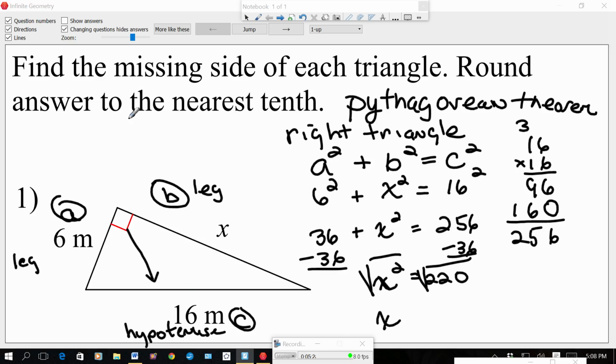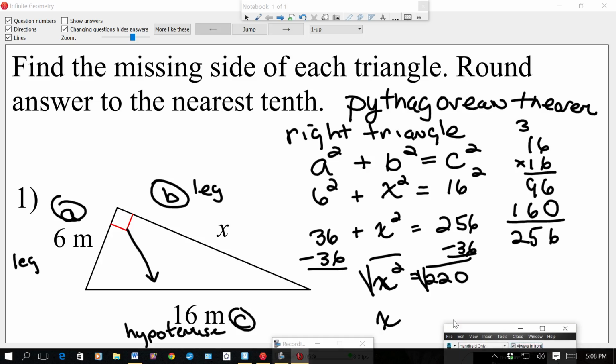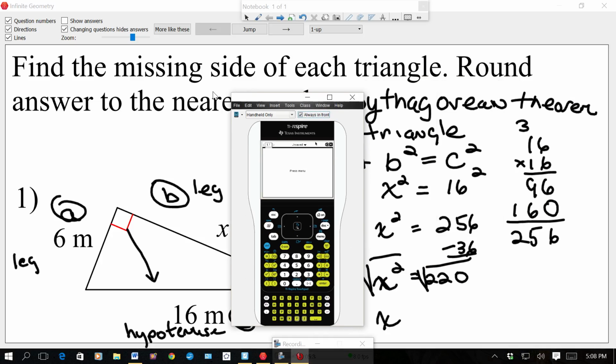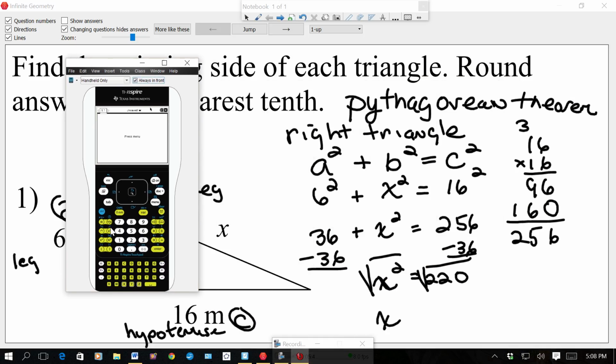Suppose I'm not really good at mental math. Then I come down here to my calculator, or any calculator, and I try to find the square root button. On this one, it's right here above the x squared.